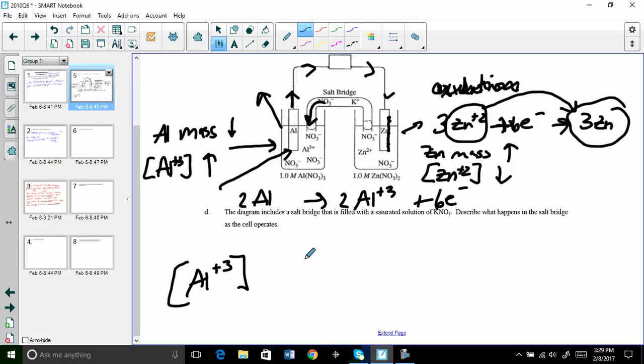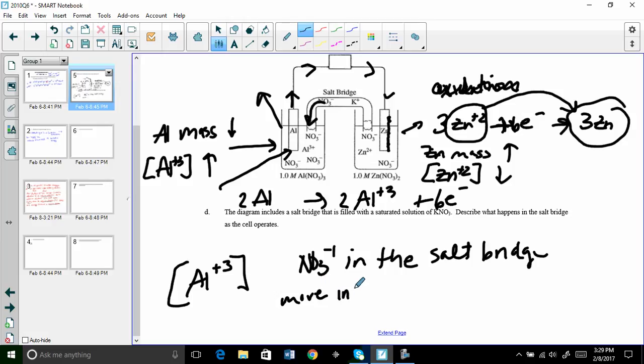So the NO3 minus ions in the salt bridge move into, you could either say, the oxidation half cell or the aluminum +3 half cell.